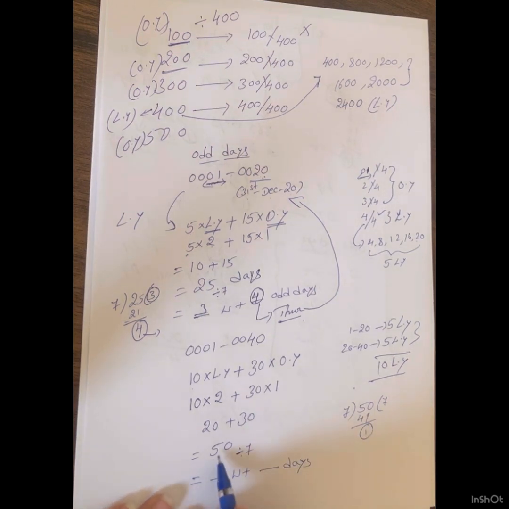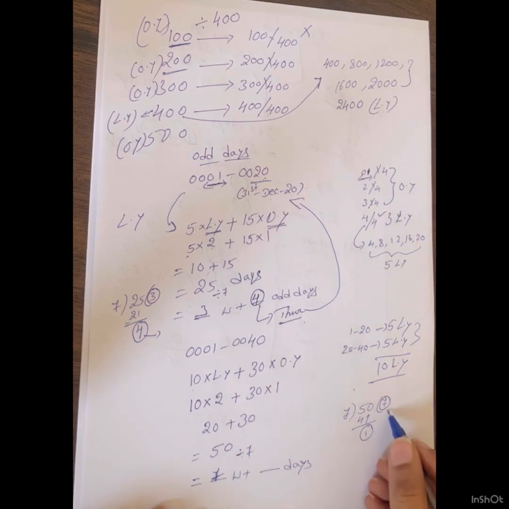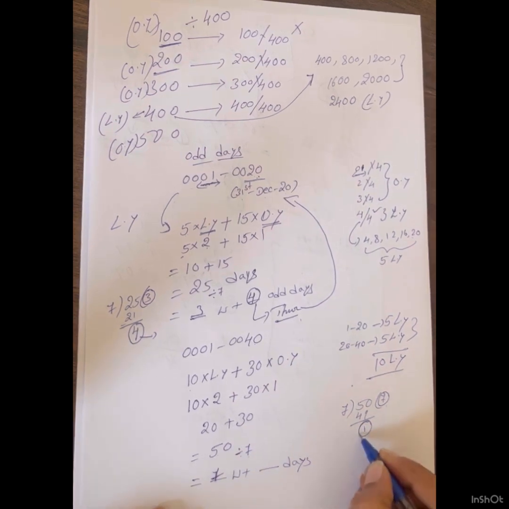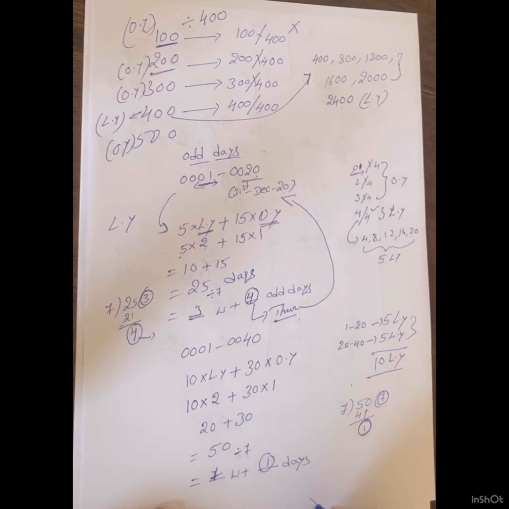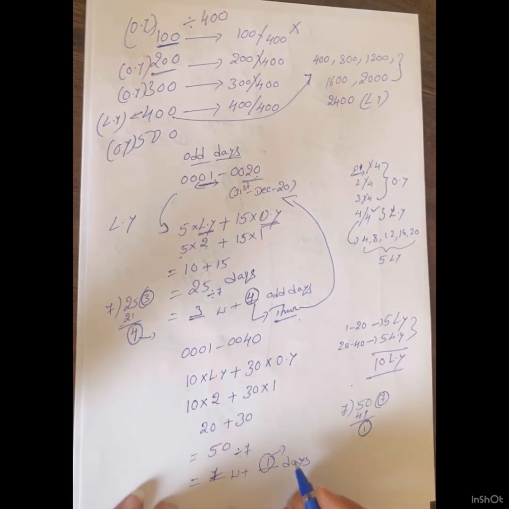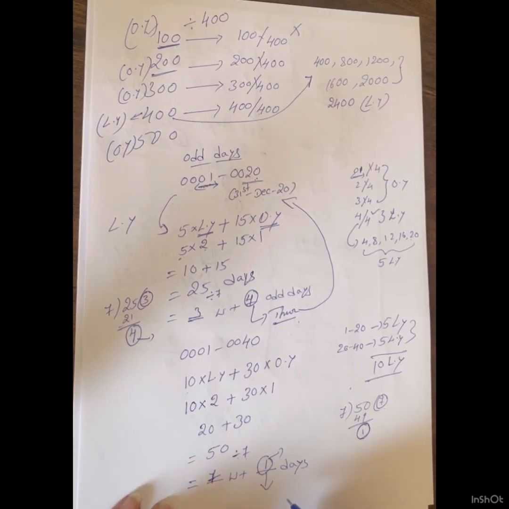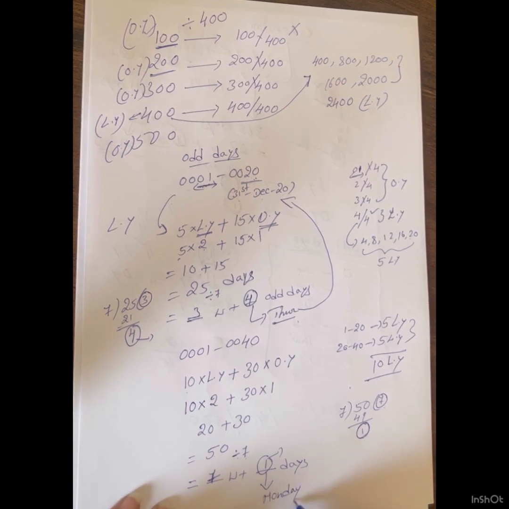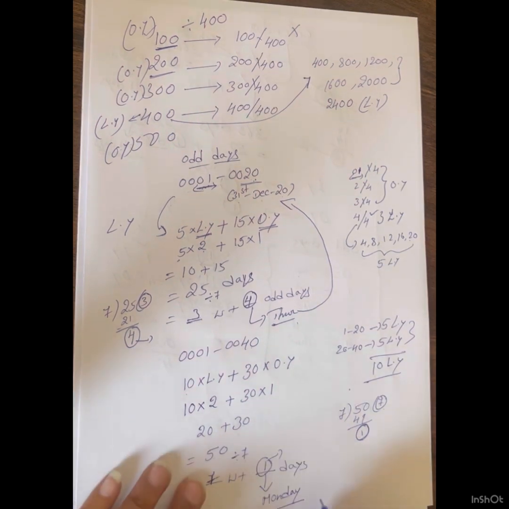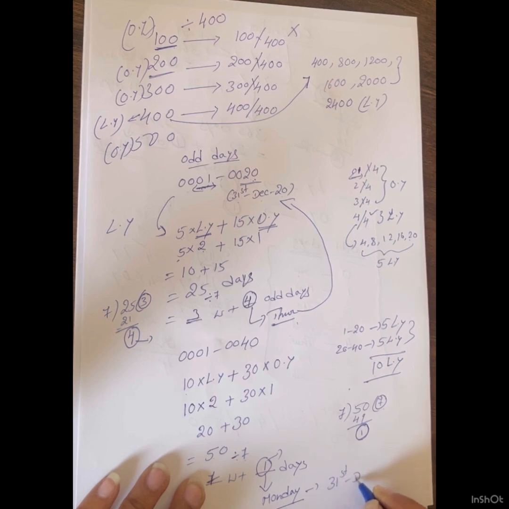After dividing 50 by 7, the quotient is 7 weeks, and the remainder is 1. So the extra 1 day is nothing but the odd day. Here 0 is Sunday, 1 is Monday. So Monday represents the date 31st December of the 40th year.